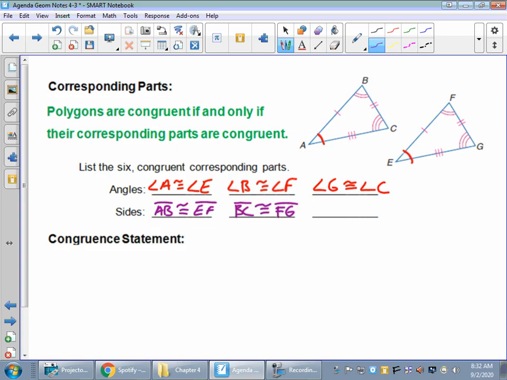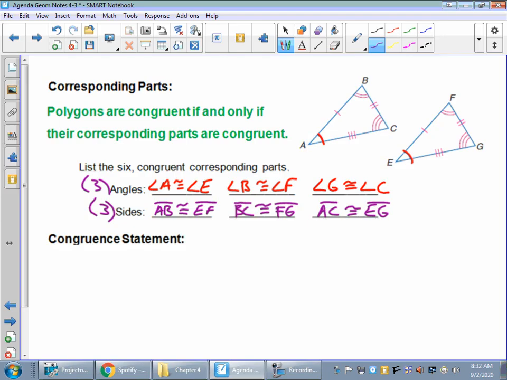And the last one would be AC and EG, those are the triple dash marks. Those would be the 6 congruent corresponding parts, 3 angles and 3 sides.